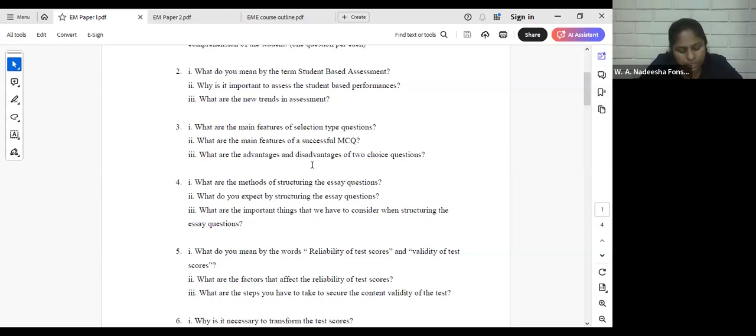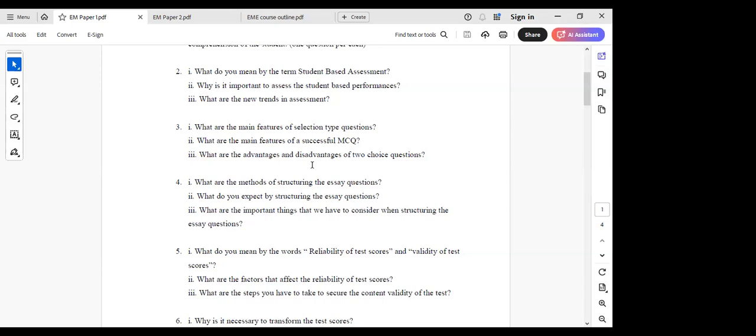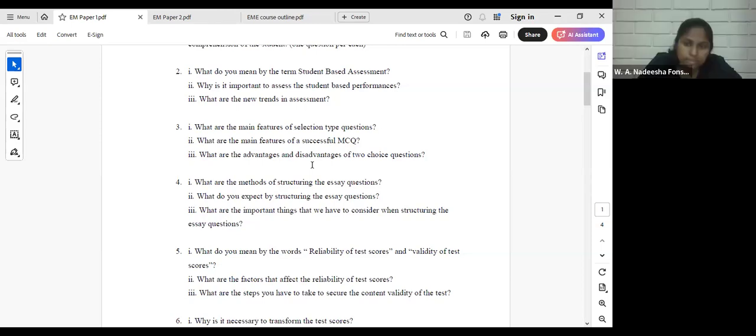We can give them the limit. The other one, we can control the answer by the marks. That is structuring.